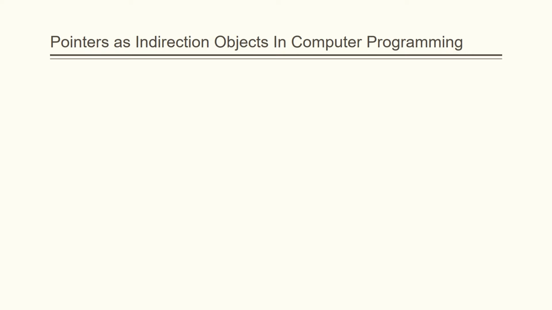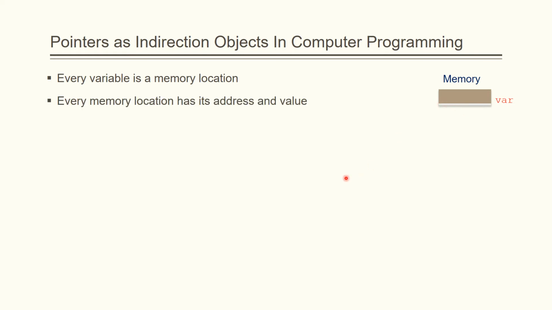So now let's talk about pointers as an indirection object in computer programming. But before doing so, let me introduce some basic concepts of programming, especially in C and C++. Every variable is a memory location in C and C++ programming, which means that we have a variable, and for every variable we have some location assigned, and every memory location has its address and value.